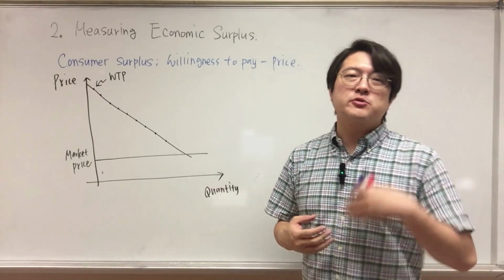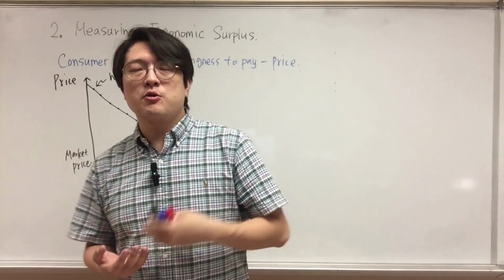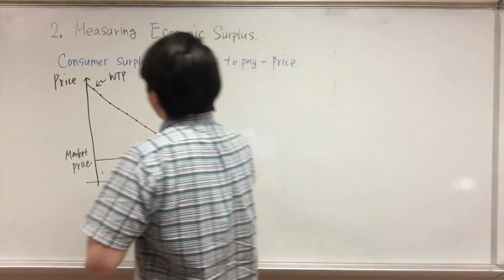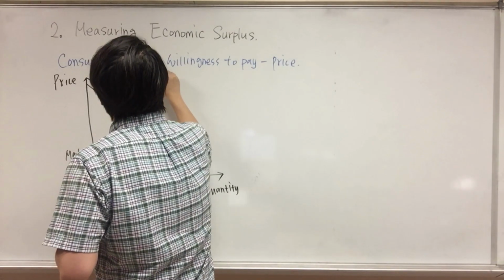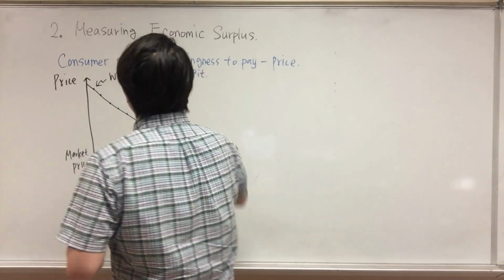So the price we are willing to pay is the marginal profit you get when you buy a unit of something. The willingness to pay is actually your marginal benefit.